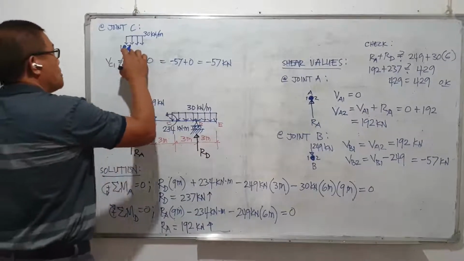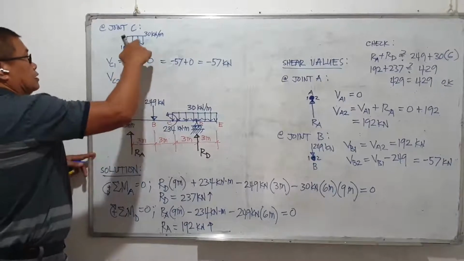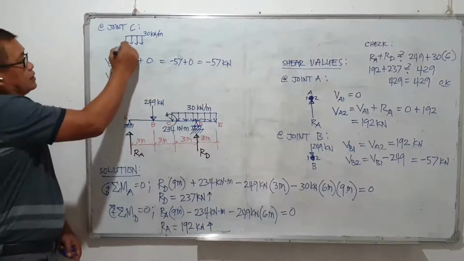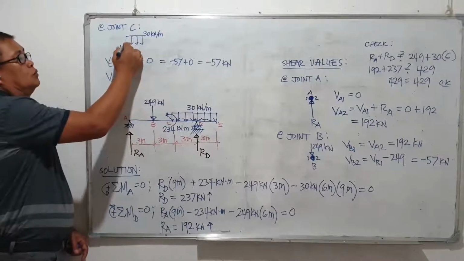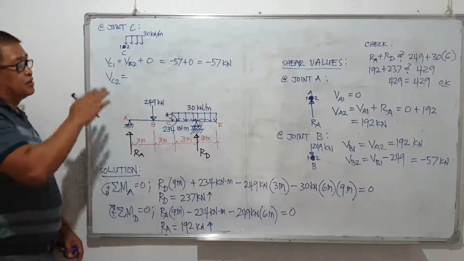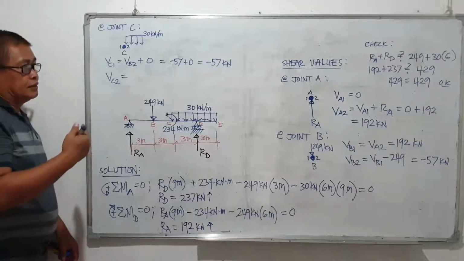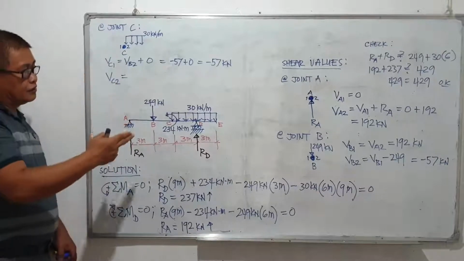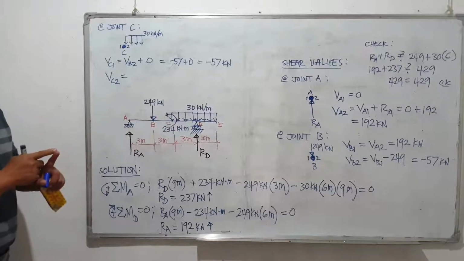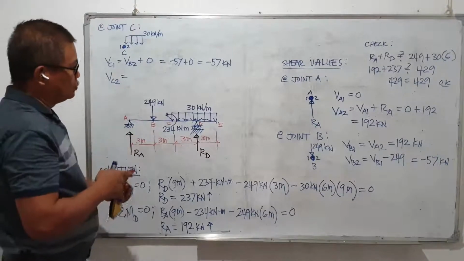V sub C2, the uniform load of 30 kilonewtons per meter will start at this point, but we will not count that as an additional shear, because it's just the starting point of a uniform load. It's only on concentrated loads that we consider the change at a single point, which makes that point have two values.